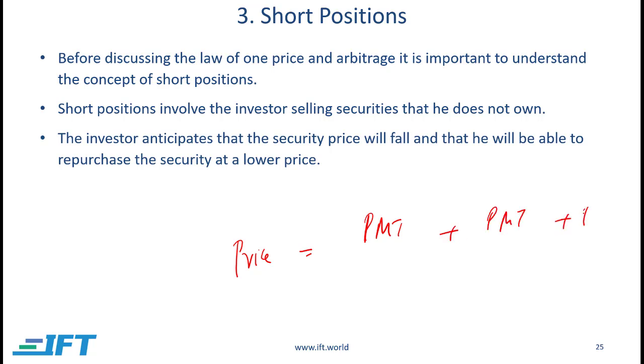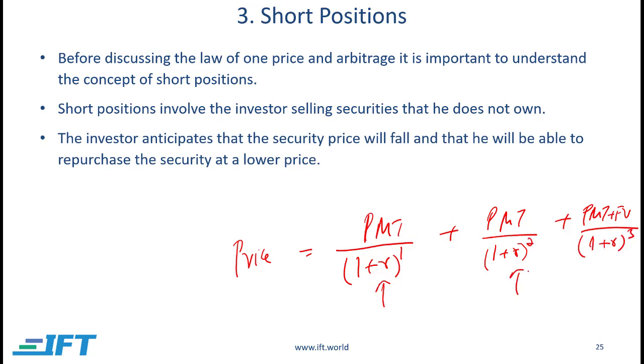So whatever coupons and whatever future value the bond is supposed to give us, the way we calculate its present value is we discount those future cash flows back to today, right? And if that discount rate goes up, the interest rate is basically going up. So the denominator becomes big, and then obviously the price comes down because it's discounted at a higher rate, right? So that's why sometimes you might want to take a short position on the bond.